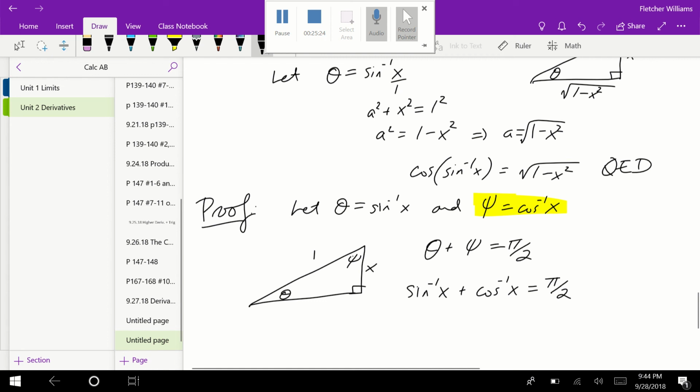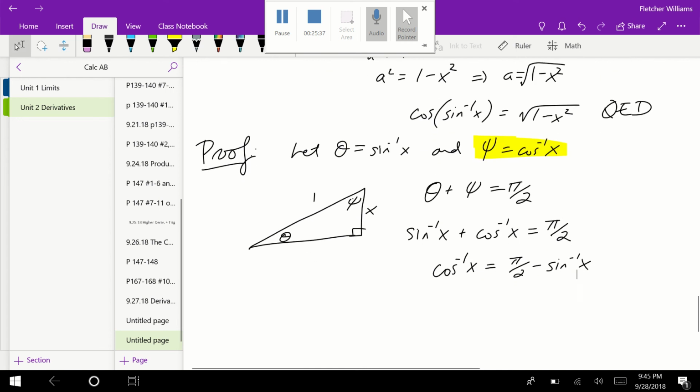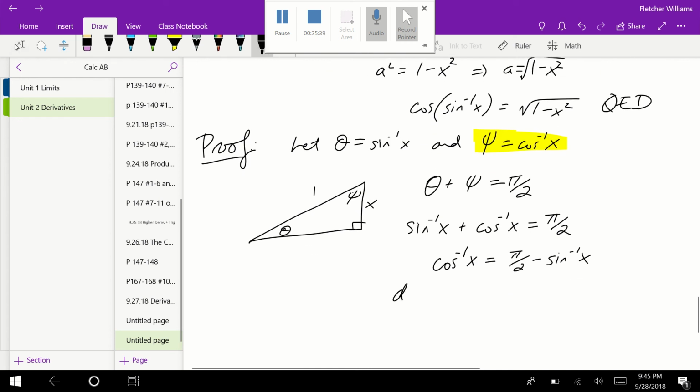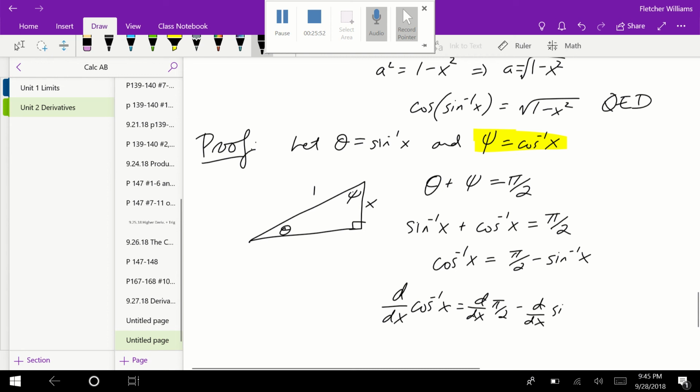Since we want to find the derivative of inverse cosine, we solve for inverse cosine, and take the derivative of both sides. So the derivative of inverse cosine x is the derivative of pi over 2 minus the derivative of inverse sine x.